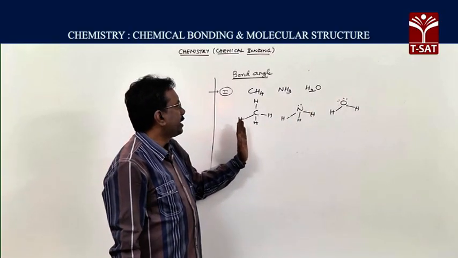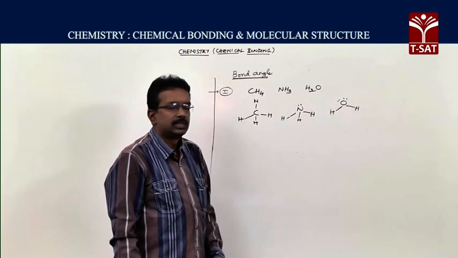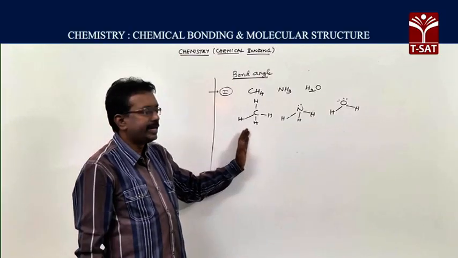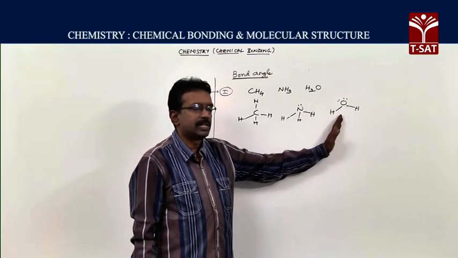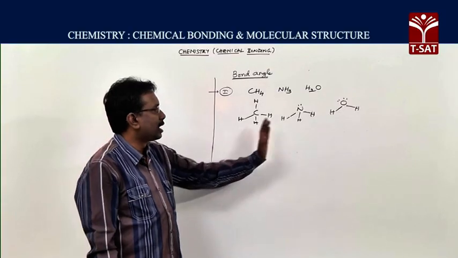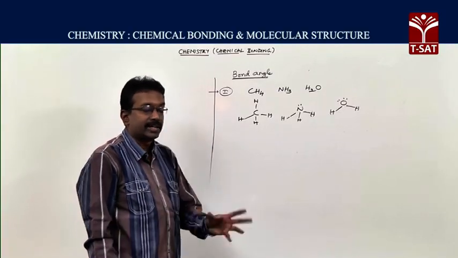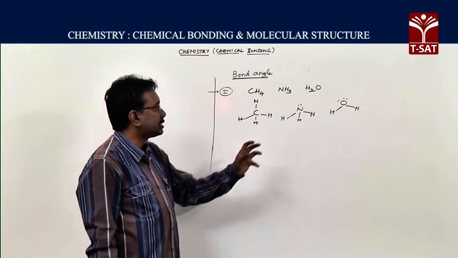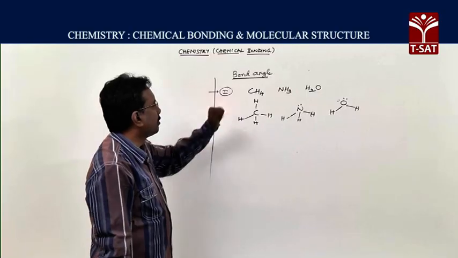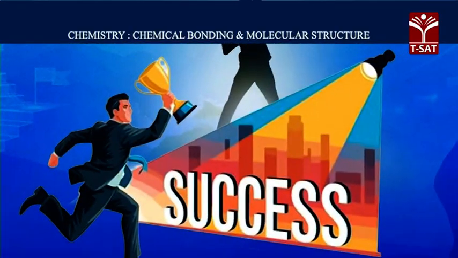Therefore, if you compare CH4, NH3 and H2O, the bond angle gradually decreases. Here we have 109 degrees, here 107, here 104. That means as the number of lone pairs near the central atom increases, the bond angle decreases, if we ignore other factors and only consider the repulsions among electron pairs. That is the first point related to bond angle.